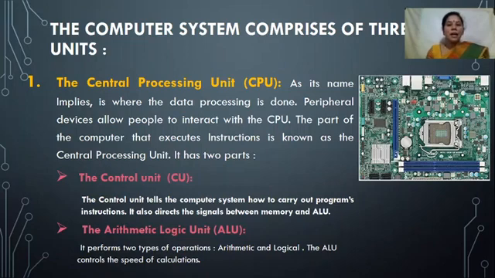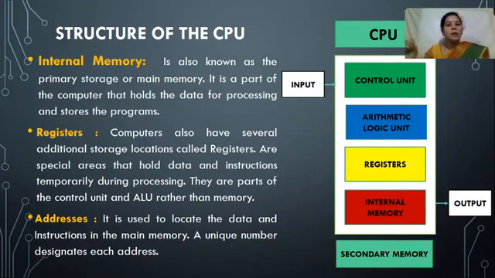Now we'll see the structure of the CPU. The structure of the CPU contains the internal memory, the registers and the addresses. On the right side, we see a structural diagram of a CPU. The CPU consists of the input. Input is where the instruction is sent to your CPU, for example through your keyboard.